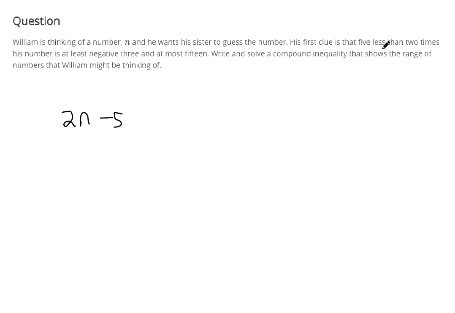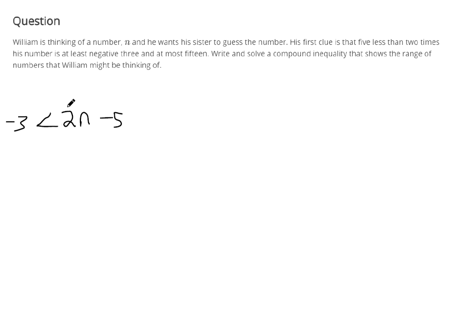Okay, so his first clue is that 5 less than 2 times the number is at least -3 and at most 15. That means that this is at least -3. And I'll show you why that is. Look, the alligator mouth dictates whichever is bigger, right?